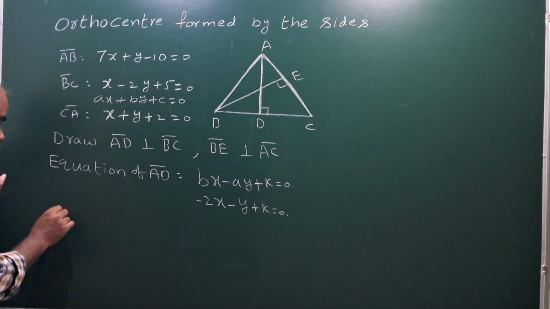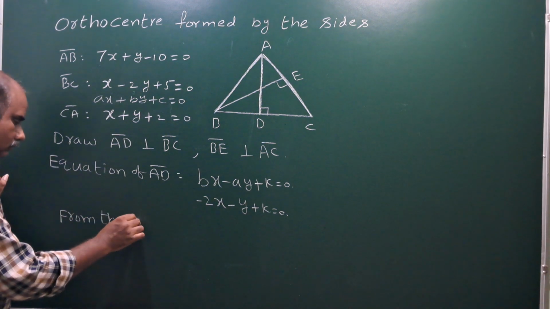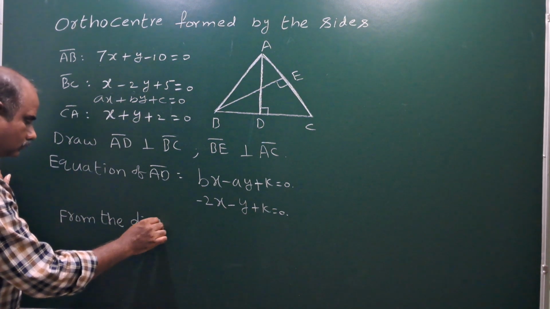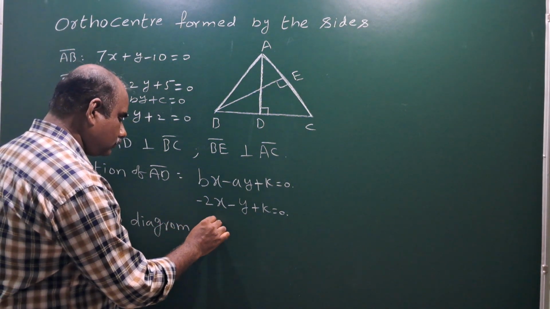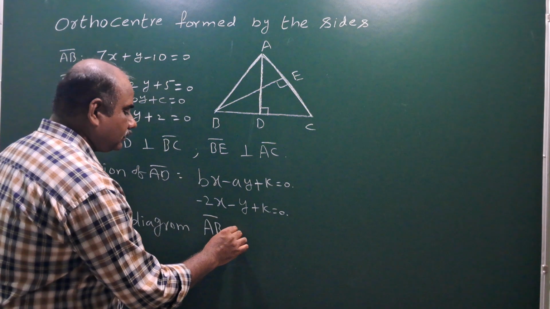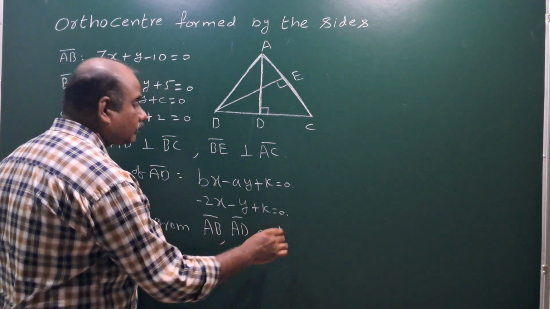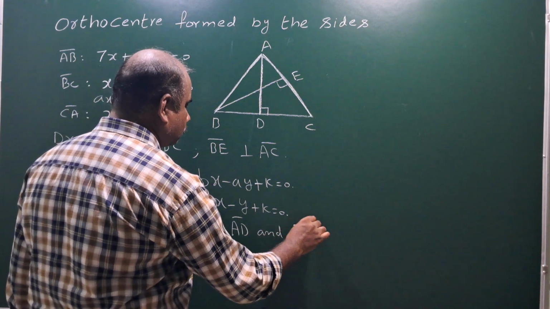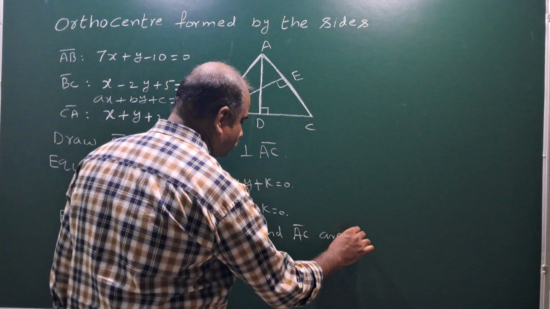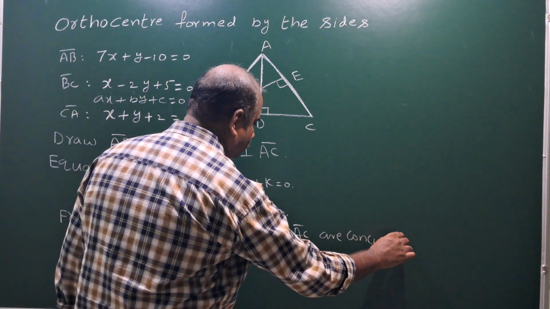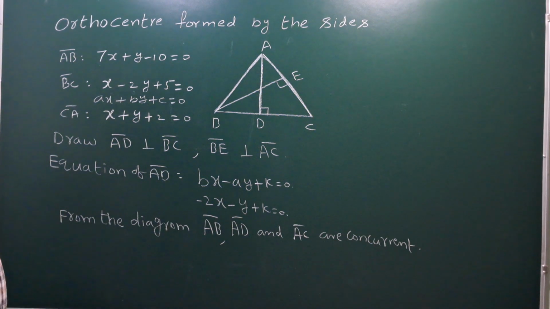From the diagram, AB, AD and AC, these three straight lines are concurrent, a family of straight lines.